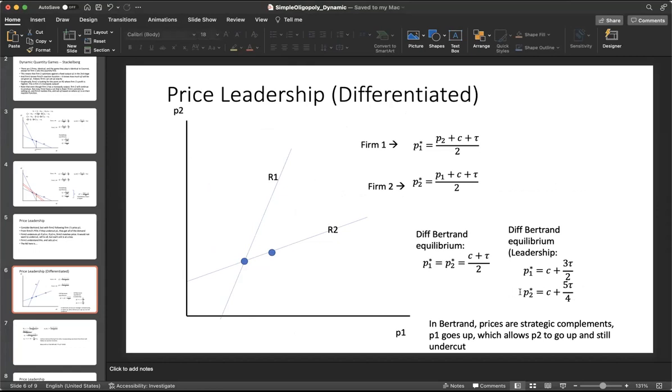How will you get the price of firm 2, once you have P1 star?